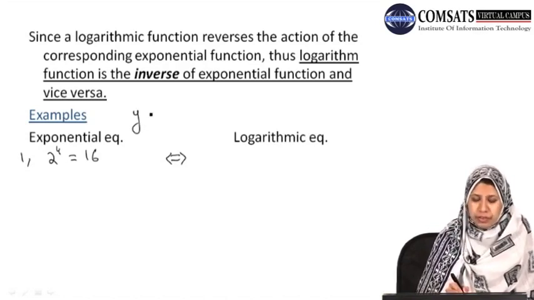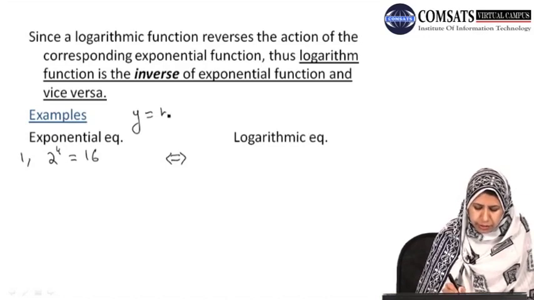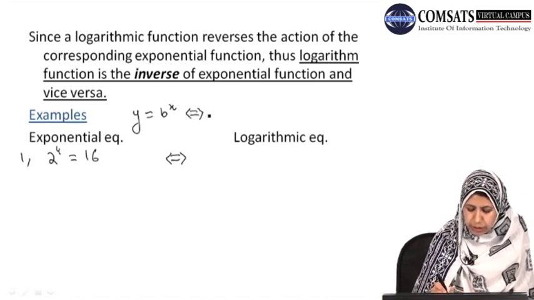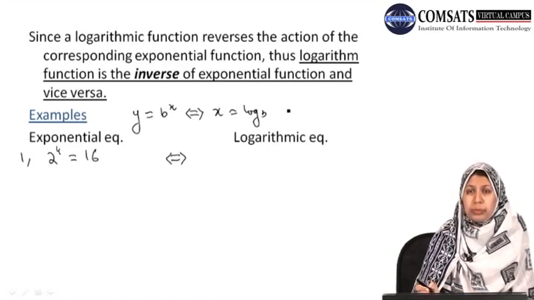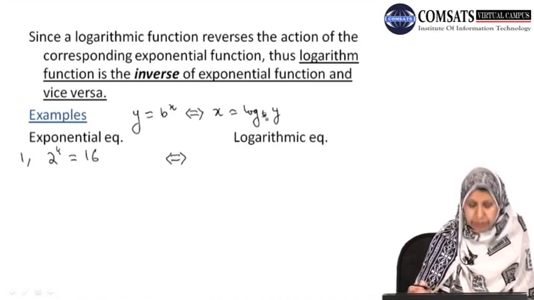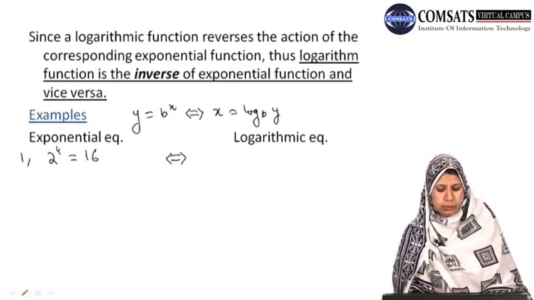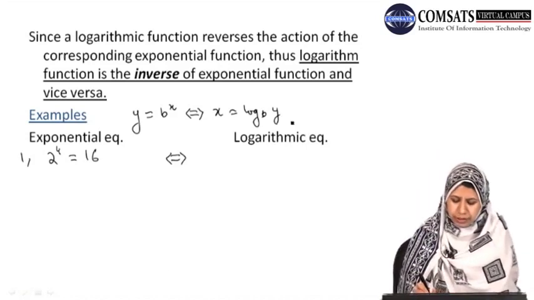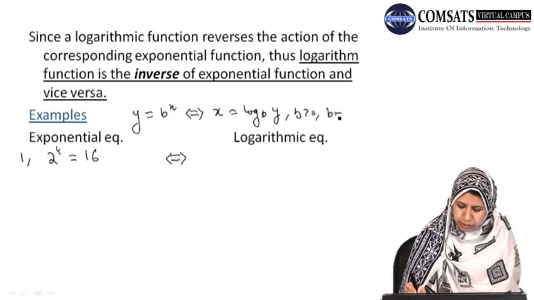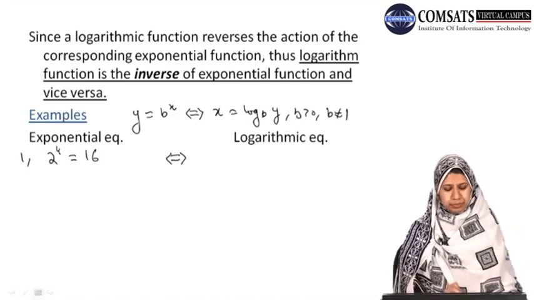That is, whenever we have our exponential function y is equal to b to the power x, this is nothing but that the exponent is the log with base b of that particular number y, with the conditions on b that b is greater than 0 and b different from 1.